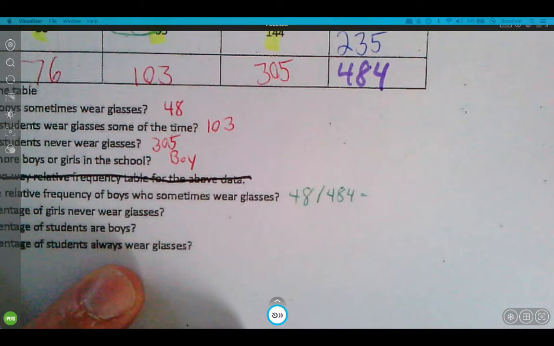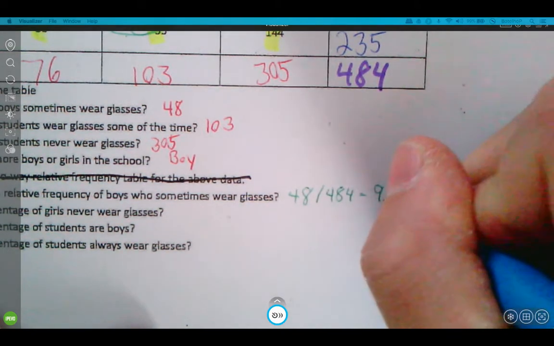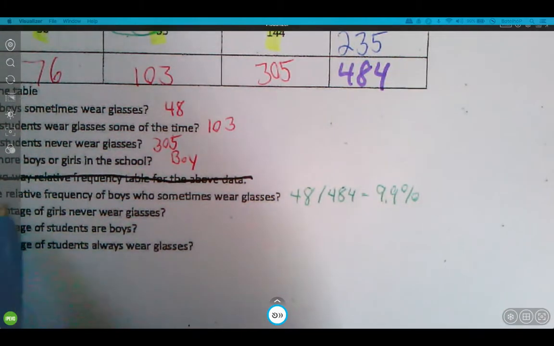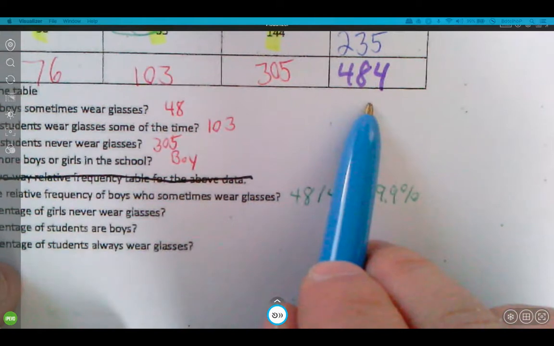So I would say the answer here is 48 divided by 484. It's about 9.9% relative frequency. So what is the relative frequency of boys that sometimes wear glasses? 48 divided by the total.